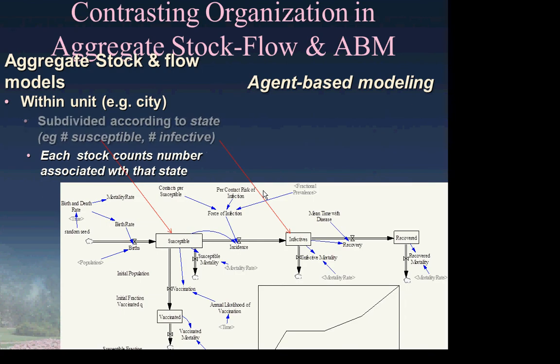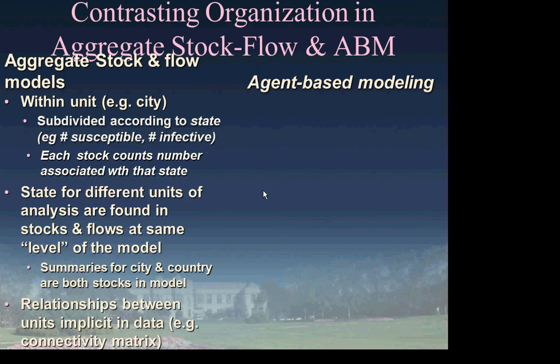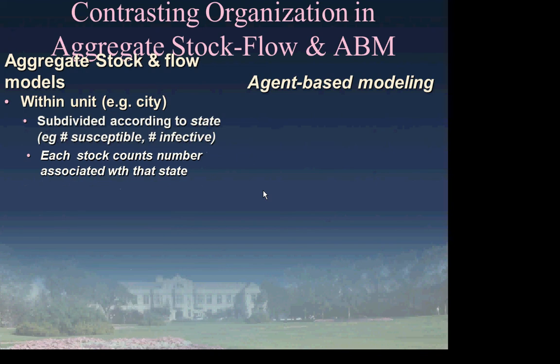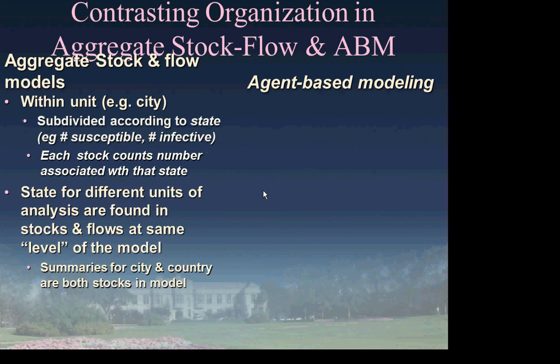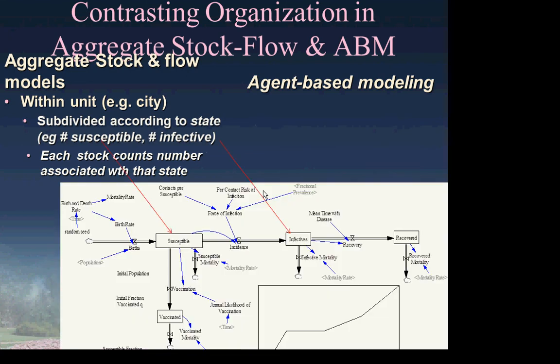Okay, so here we had our model broken into 3 categories, subdivided according to state, and each stock counts the number associated. And the state for different units of analysis are found at stocks and flows at the same levels of the model, in the sense that we may have, for example, a variable that may be like the total population size, and it's simply another variable in this model.